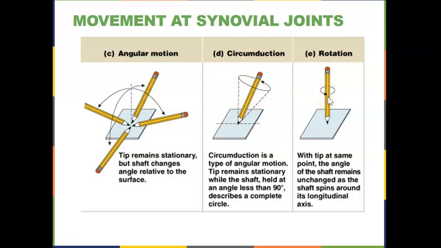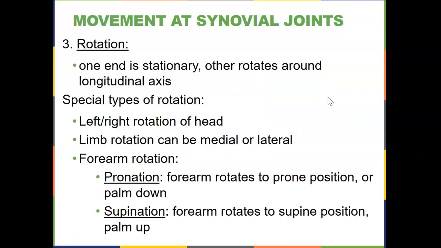Rotation is where you're rotating along the long axis. So here's rotation. One end is stationary. The other rotates around that longitudinal axis. Right and left rotation around the head of a bone, around the head of the femur, let's say. Limb rotation can be medial or lateral.